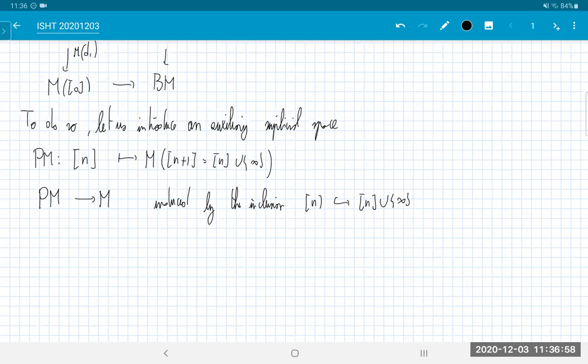And we claim that if M is a group, so let me call this map alpha, alpha is Cartesian. That's the claim, and let me show you how this finishes. With this claim, we're done.